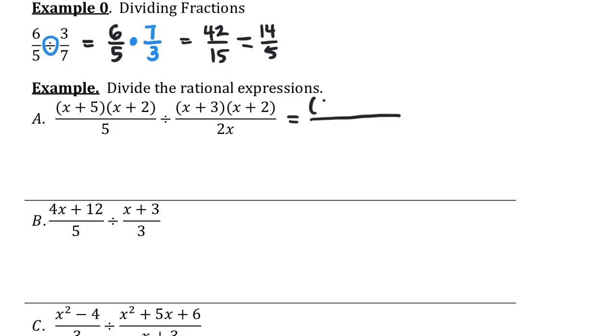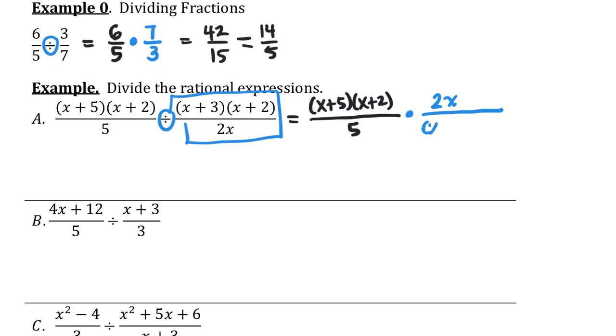The first one is already factored for me, so that works out well. Since we are dividing, I want to change it to times so I can cancel it. And then this fraction here, I'm going to change to the reciprocal. Okay, once it's a multiplication problem, you can then cancel like normal.